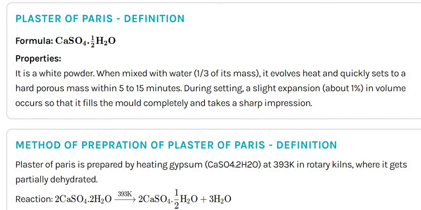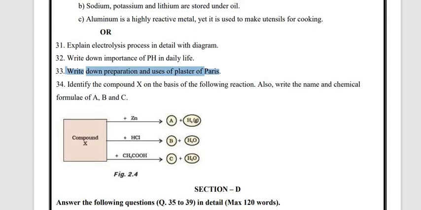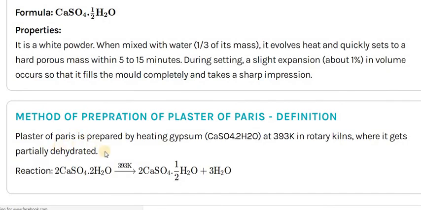Now let's see the method of preparation of plaster of Paris. How can we prepare plaster of Paris? Plaster of Paris is prepared by heating gypsum. The formula of gypsum is CaSO4·2H2O.